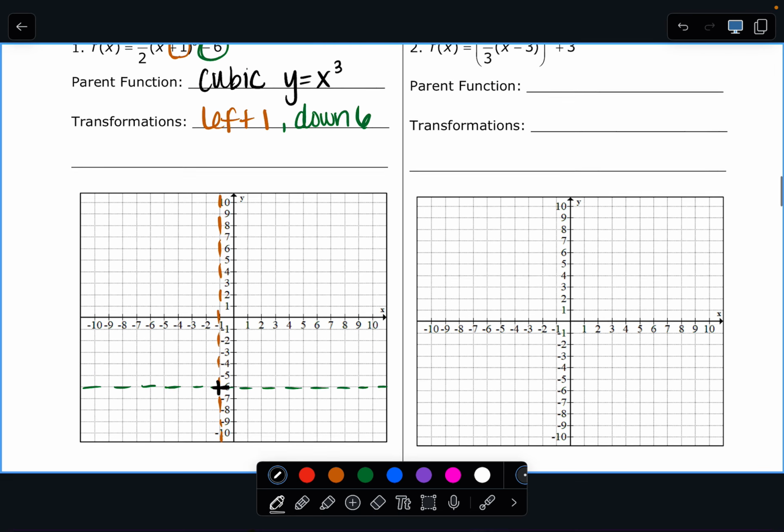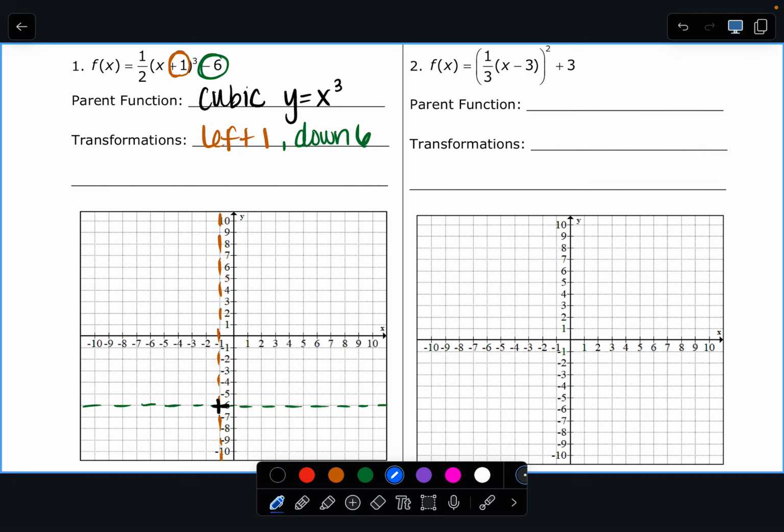The new part is I now have a 1/2 at the very front. Now notice that this 1/2 is not sitting in a set of parentheses. If it is not in parentheses, it is outside the function. If it's outside the function, it's vertical. Now, we know this has to be a vertical stretch or compression. The way you decide for vertical is if it's bigger than 1, it's a stretch. If it's between 0 and 1, it's a compression.